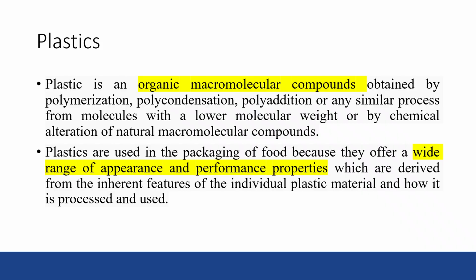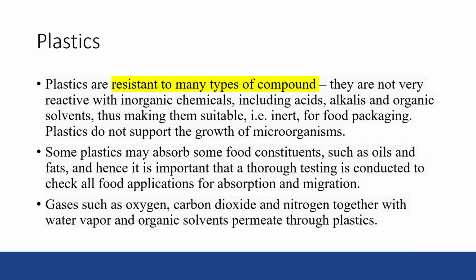It is used to package foods because it can be made in many different forms. It can be soft, clear, hard, colored, strong, or flexible. This means different types of package material can be chosen depending on what kind of food is being packed and how it needs to be protected.